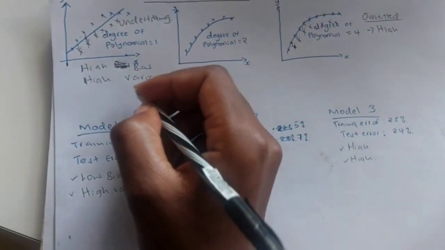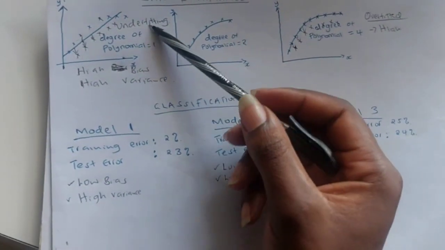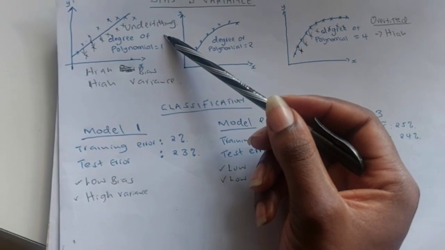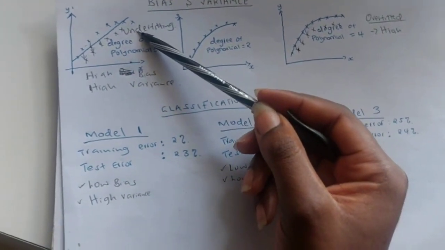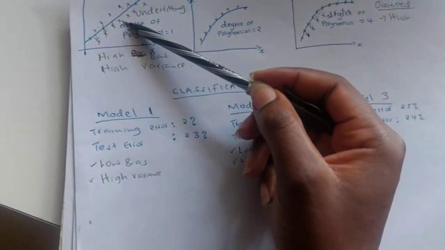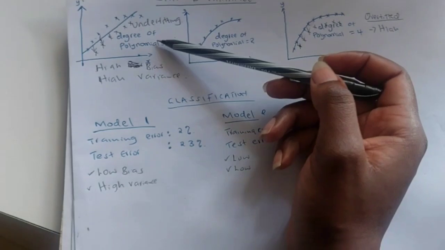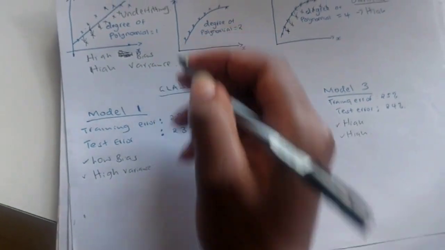Okay? The variance is the error of the test datasets. And we have seen that in our first one, where the degree of polynomial is equal to 1, this one had a high error in the training dataset, and also when we introduced the test datasets, it also had a high error. Now we'll say that this condition has a high bias and high variance.